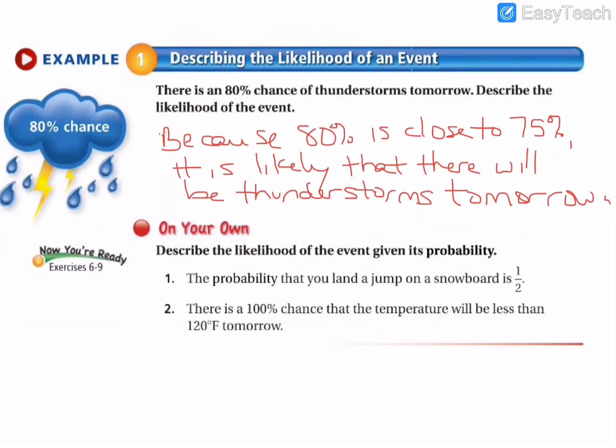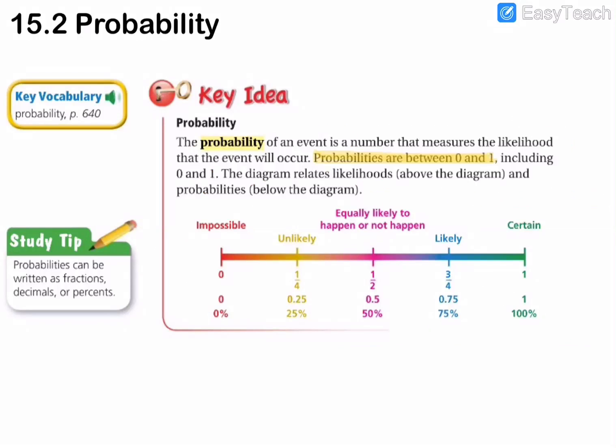Okay, so how about looking at one on your own? Describe the likelihood of the event given its probability. The probability that you land a jump on a snowboard is 1/2. So, you look at your 1/2 part, the likelihood that's going to happen is it's equally likely to happen or not happen.